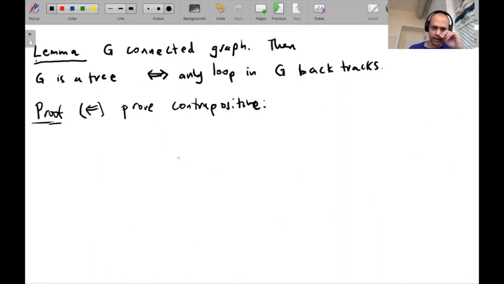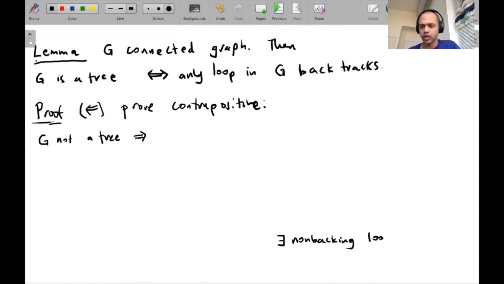Which is to say that if G is not a tree, we want to start assuming that, and eventually conclude that there exists a non-backtracking loop in G. Okay, so this is the structure of the argument. Now let's fill in the details.